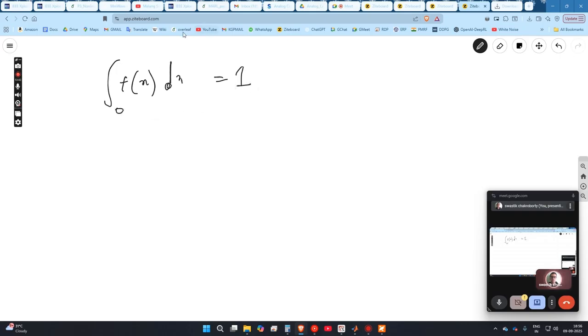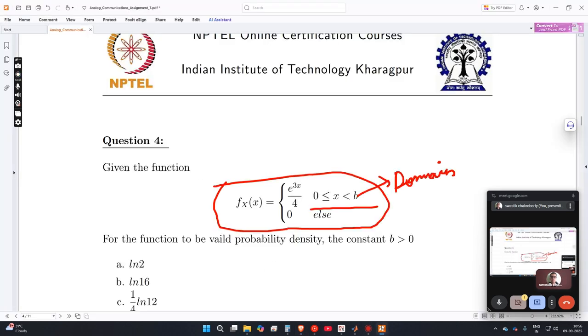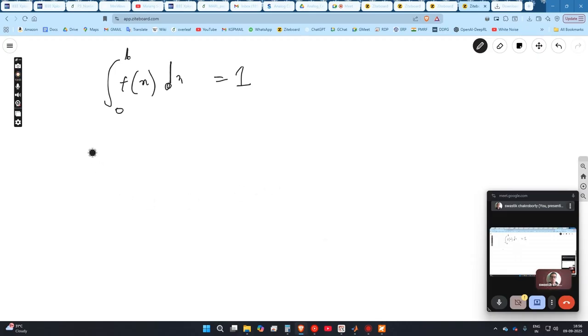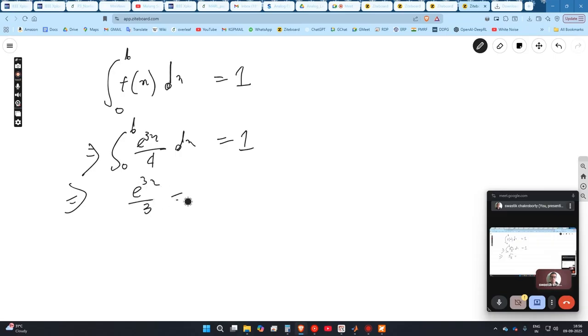Now what is the domain? The domain is 0 to b. And what is the function? The probability density function is e to the power 3x by 4. So if you integrate, e to the power 3x by 3 is equal to 4.